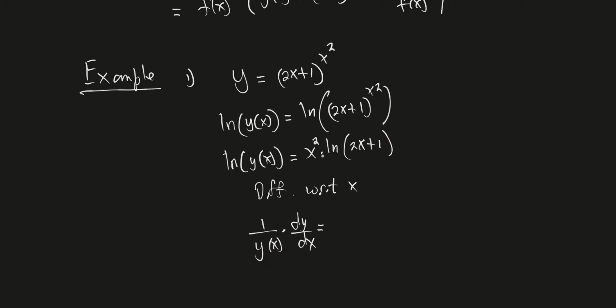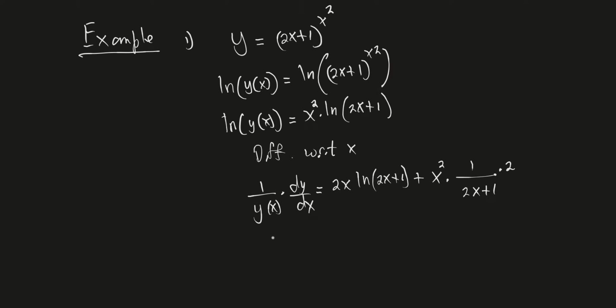Well, we're going to have to do a product and a chain rule here. So the derivative of x squared is 2x times the second, which is the natural log of 2x plus 1, and then plus the first times the derivative of the second, which is 1 over 2x plus 1, and then times the derivative of what's inside the ln, and that is 2, right? So this, I'll just switch it back to y.